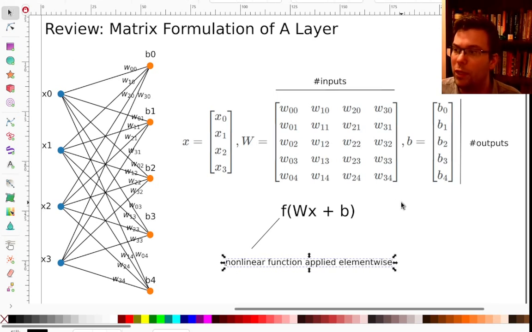So once we do the matrix multiplication and add the bias, we're going to have a number of outputs by 1 column. And then we're going to apply the nonlinear function to each element of that individually, and then feed that to the next layer. That will now become the input to the next layer, which will have its own weight matrix and its own bias. And we can keep going. So that's how we do the forward pass.